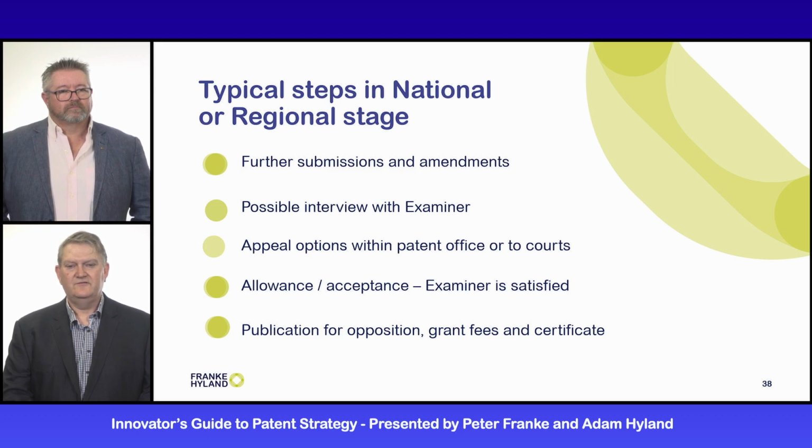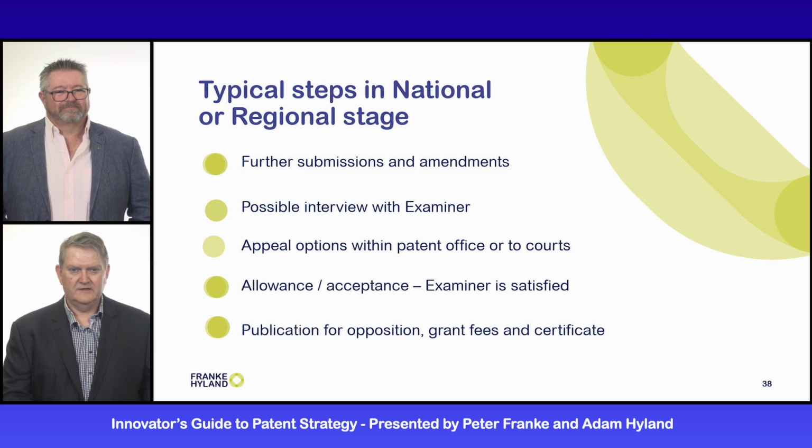That's again fairly uncommon. It's less than 1% of cases. You then have grant fees to pay, and you get issued a certificate, which used to involve lots of lovely seals and ribbons and things, but now is just electronic, so it's a bit less satisfying, but a bit more efficient.